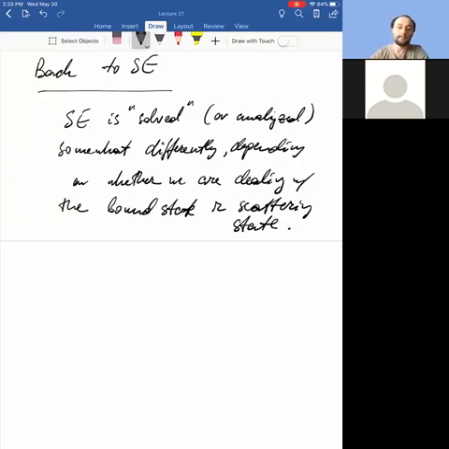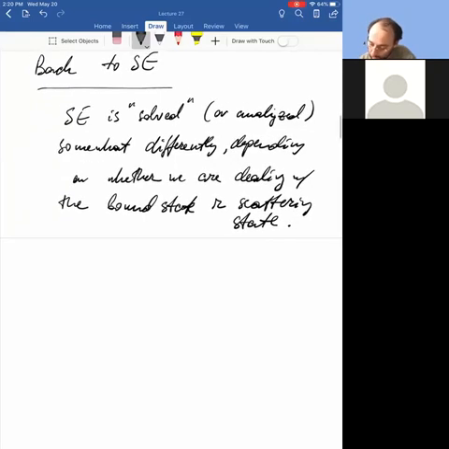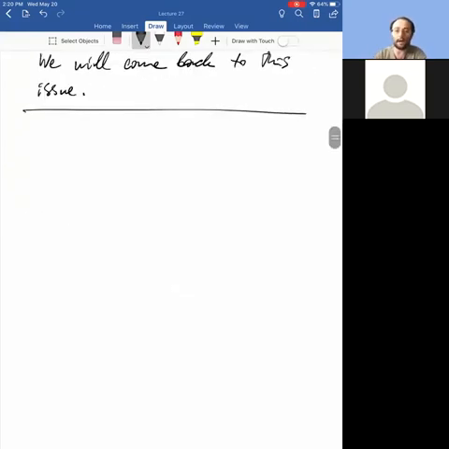Like I said, the approach to solving Schrodinger's equation requires us to know whether it's a bound state or a scattering state. We will come back to this issue. For now, let's massage the Schrodinger's equation a little bit in general terms.